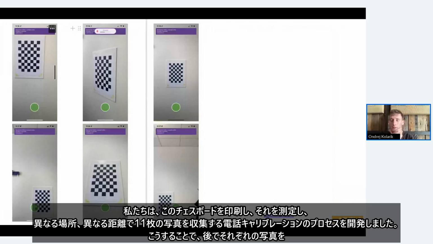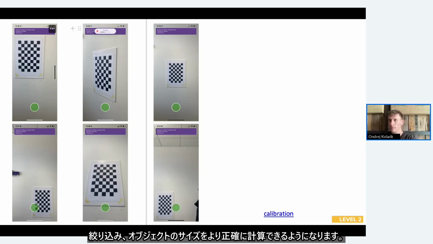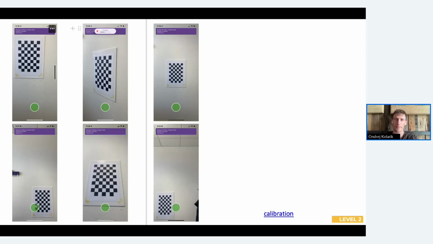We developed a process of phone calibration where you print out this chessboard, you measure it, and you collect 11 photographs of it in different places and at different distances. This way we can correct every photograph afterwards and calculate sizes of the objects more precisely.